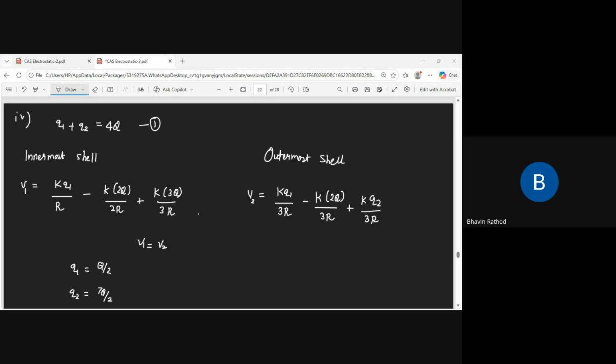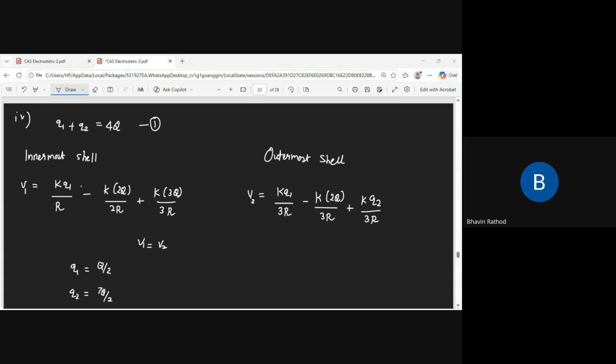I understand which system you're talking about, but if you go back, you will see that there also, you would have used the equality of potential only to find the final charges. In fact, you would have realized that the surface charge density is going to be higher on the smaller sphere, and it will be lower on the larger sphere.